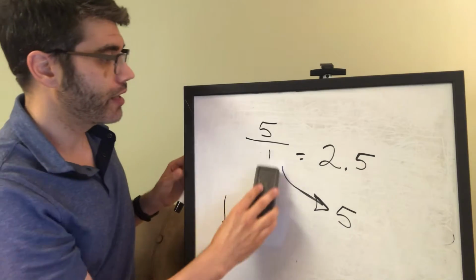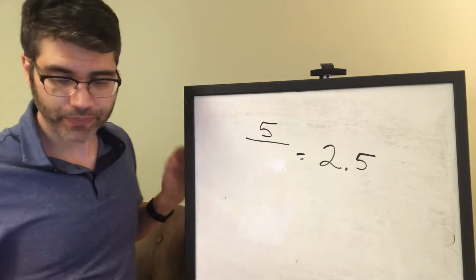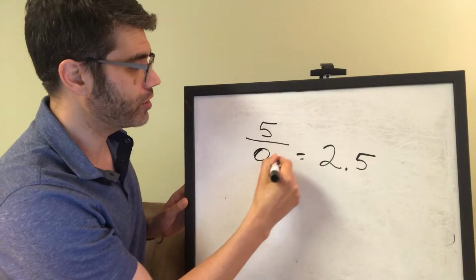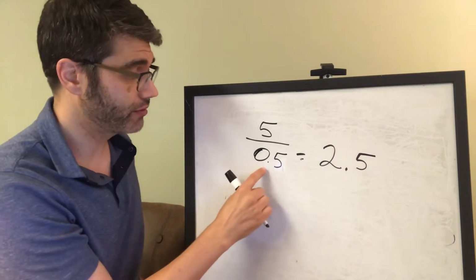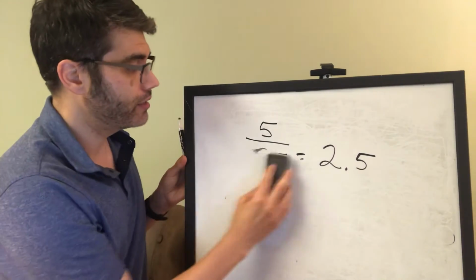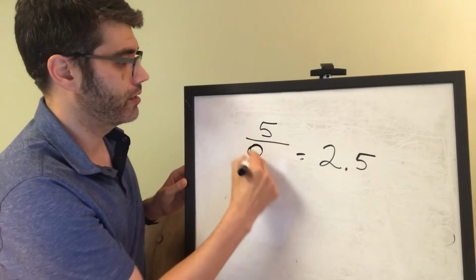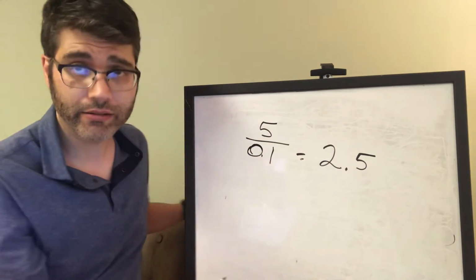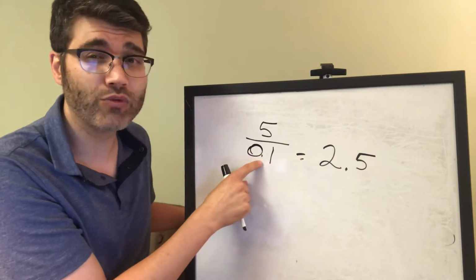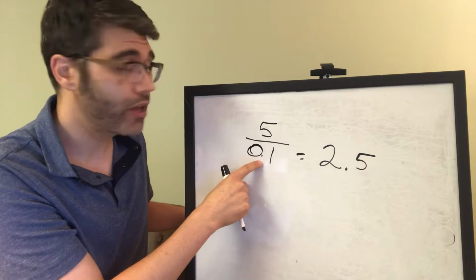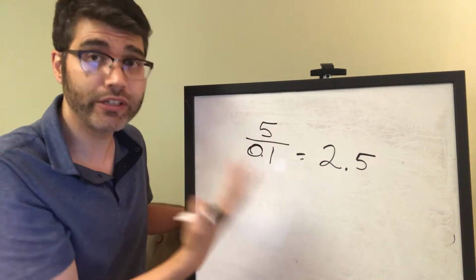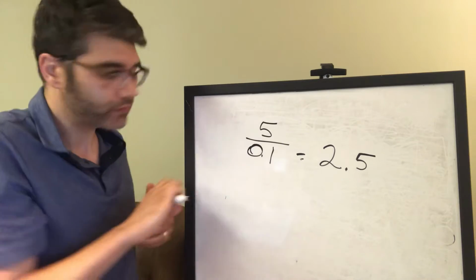So if I then say, okay, let's make this 0.5, or maybe 0.1. Do you see how the denominator is getting really, really, really small, making this fraction really, really, really big?